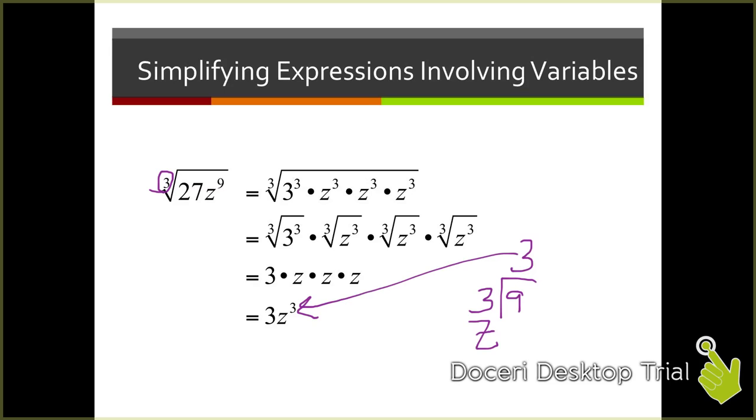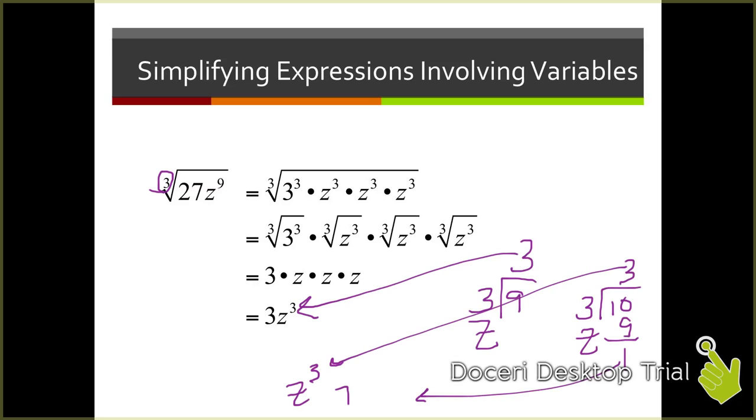Now if this had been z to the 10th, and I divide it by 3, I would get 3, which gives me 9, but then I'd have a remainder of 1. And so that means I would have z cubed on the outside. This still tells me what goes on the outside, but my remainder tells me what has to stay on the inside.